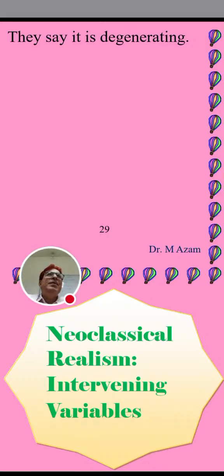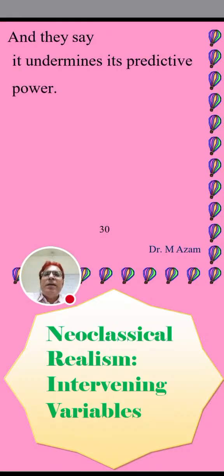It has weakened realist theory. And they say it undermines its predictive power. Predictive power, the power to predict what will happen in future. So the critics say these intervening variables undermine the predictive power of realist theory.